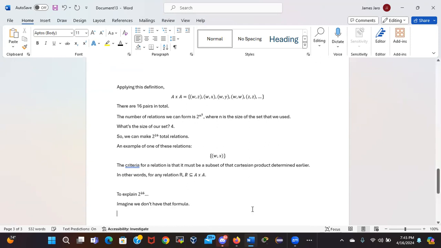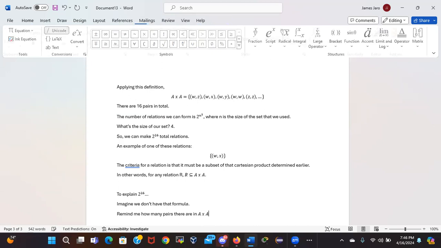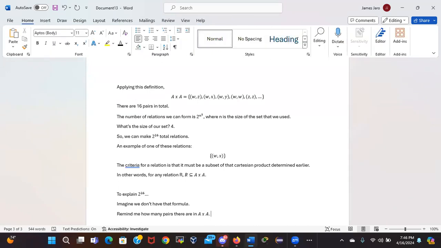Okay, so remind me how many pairs there are in A cross A? Yeah, there's 16. There's 16 of them.